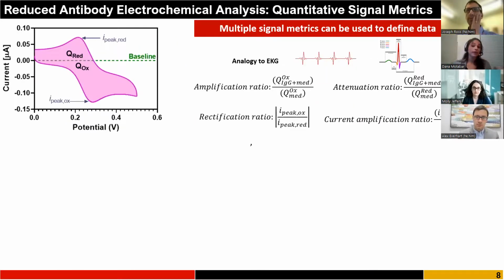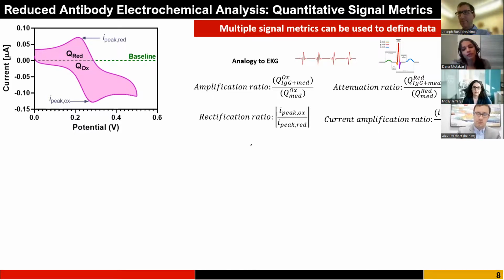Okay, so I think a really big advantage of our approach is that we can quantify our results using what we're going to call signal metrics. And signal metrics are important because they allow for comparative analysis in a bioprocessing setting. So this approach is analogous to EKG, where a plethora of complex information can be extracted from just the shape of a curve.